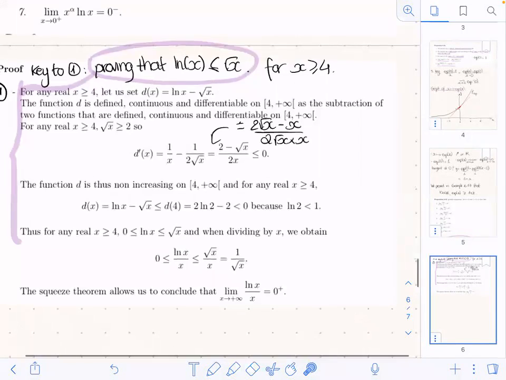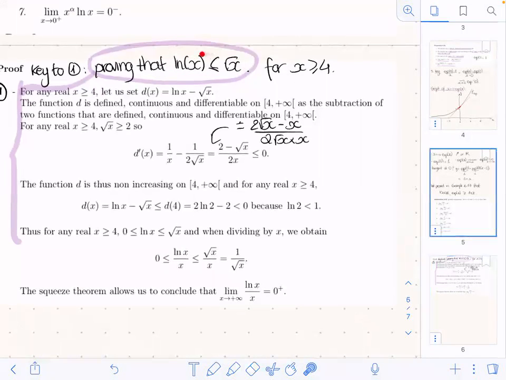And if we use the fact that logarithm of x is smaller than square root of x, we get an upper bound, which is written here. And you can simplify it by square root of x, and you reach 1 over square root of x. So in particular, the logarithm of x over x, for x big enough, is stuck between 0 and 1 over square root of x. And 1 over square root of x, you should be able to compute this limit at plus infinity.